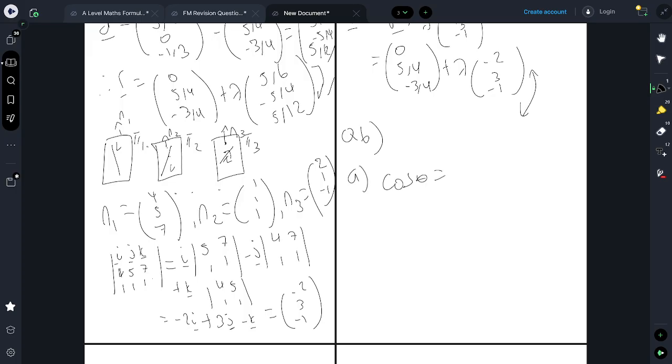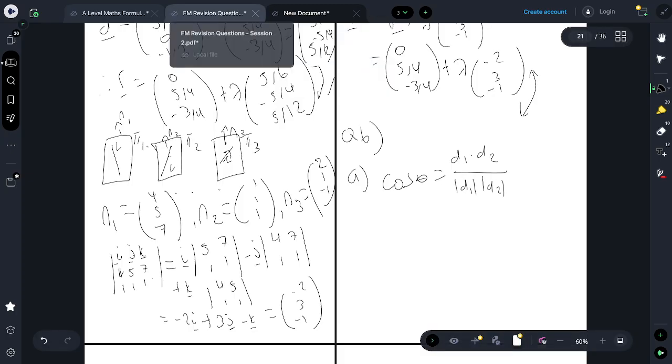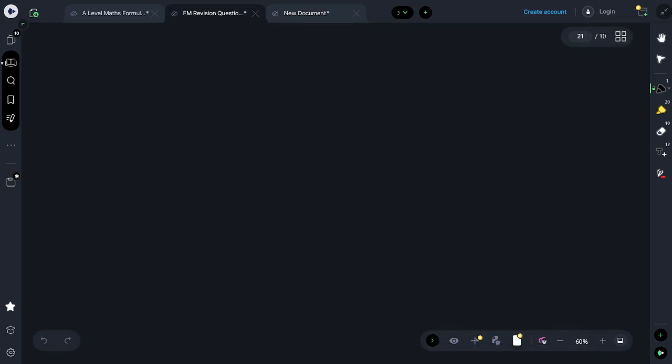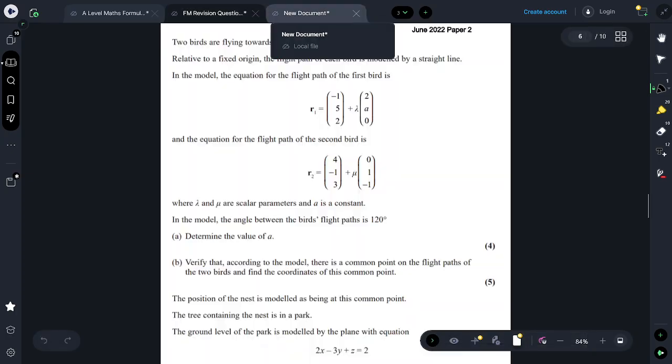this formula here. So cos theta is the dot product of the two direction vectors, d1 dot d2, over the modulus of d1 times the modulus of d2. Cool, so that's what we've got to do. The direction vector of the first bird is this part here, so it's going to be (2, a, 0).